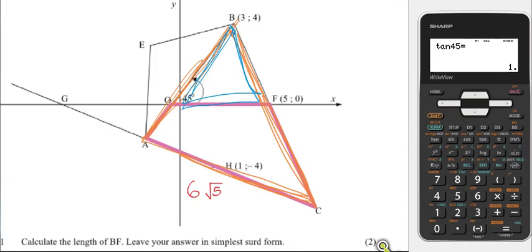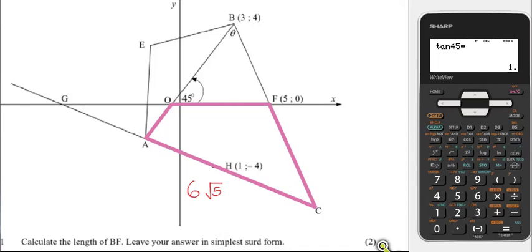Yes. All right. So how do you get this orange one? Well, the orange one is easy because we have this line, and we also know that red line there. They are both 6 root 5. So that means these are the two sides.